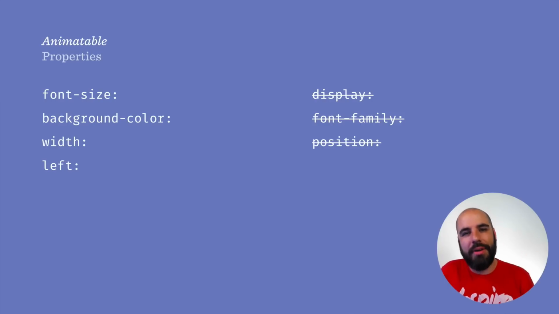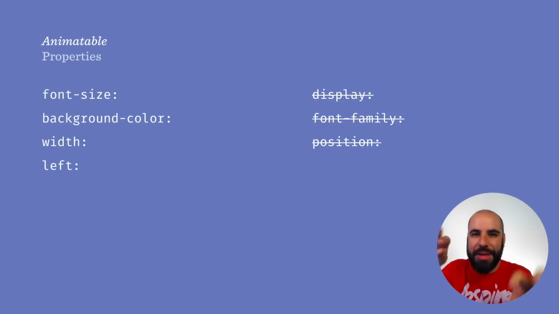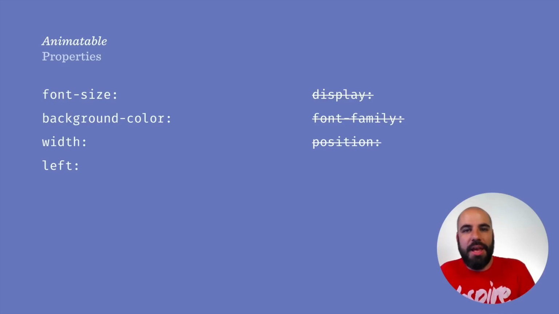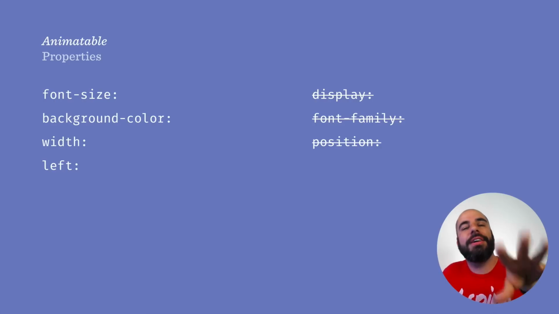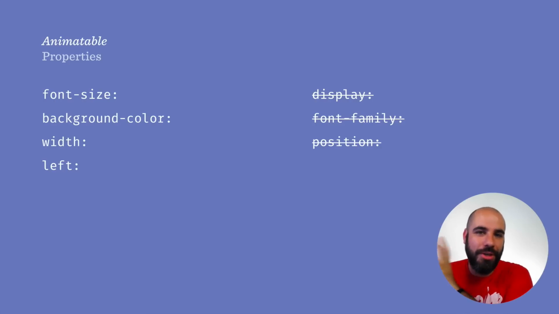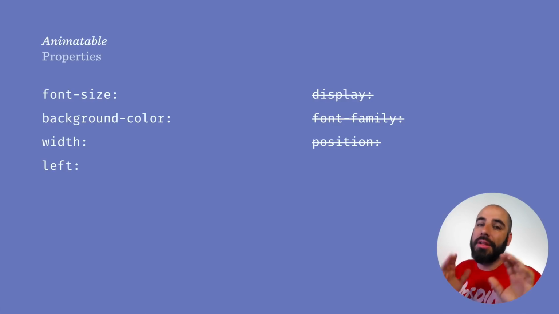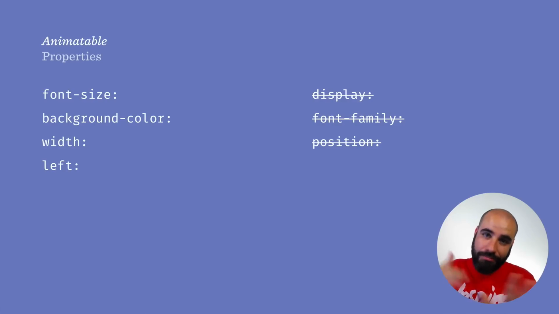You can't do that, right? You can't animate the font family from Helvetica to, I was going to say Arial, but you kind of can do that now. Helvetica to Georgia or something. You can't animate the characters. It just doesn't work. You have to switch them out. There's no animation that can happen there, right? So a lot of properties are animatable, and some are not, and that's just what I want to explain here.